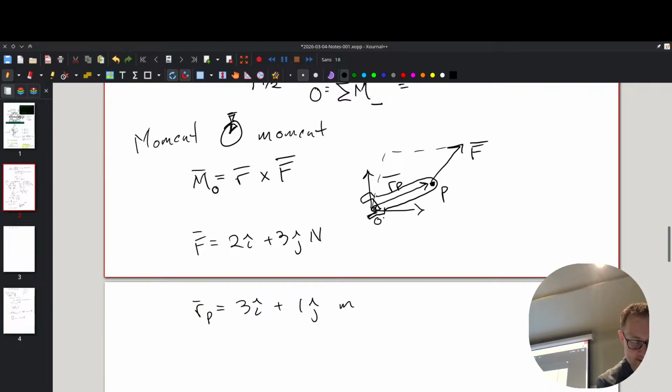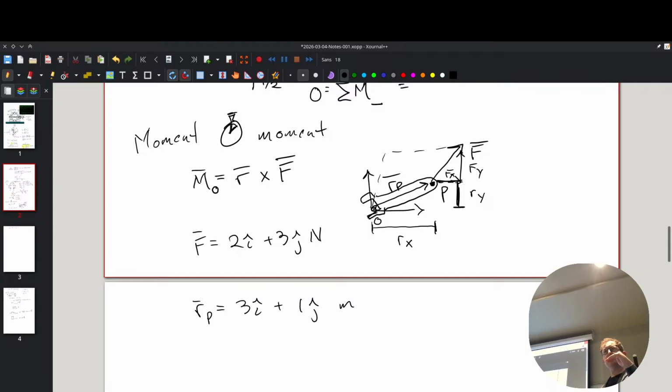So really what we're saying is, when we do this cross product, it's like we have this Rx, this Ry, this Rx, then we have an Fy and an Fx.